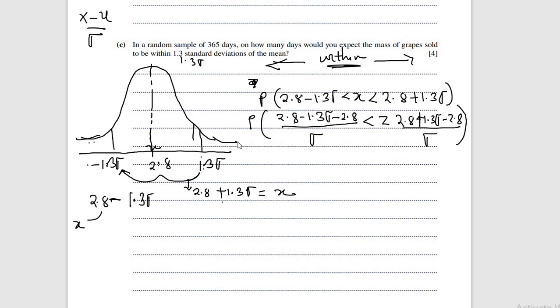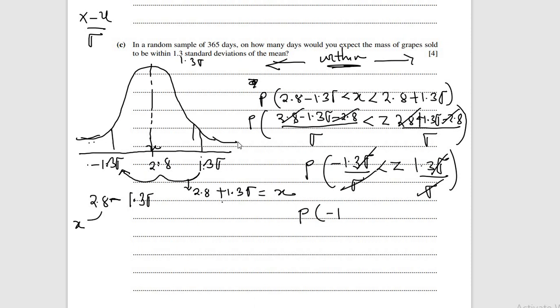In this case, 2.8 minus 2.8 cancels out. So what do we have left? We have minus 1.3 standard deviations over standard deviation less than z less than 1.3 standard deviations over standard deviation. So this cancels this, this cancels this. So we have the probability of minus 1.3 less than z less than 1.3.